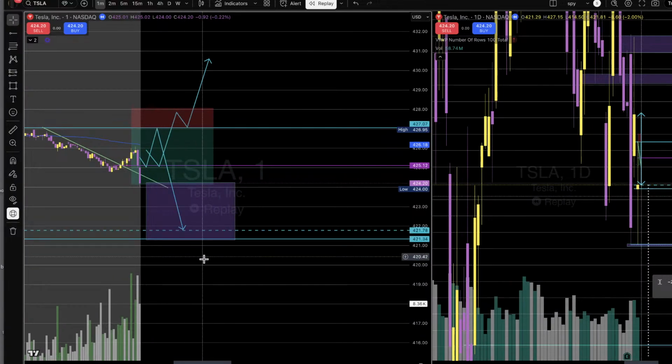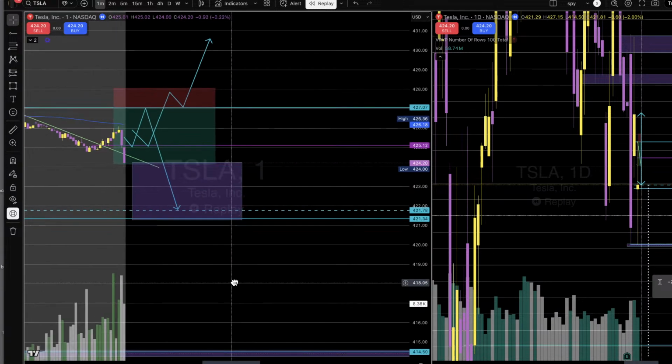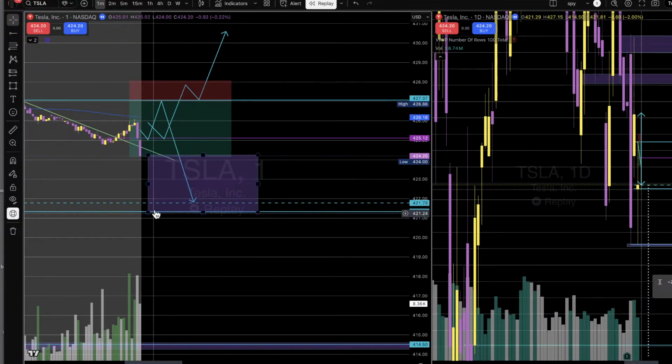Bounce off this. It's a very thin body. Very thin body. What do you do with a thin body? Maybe nothing's gonna happen.